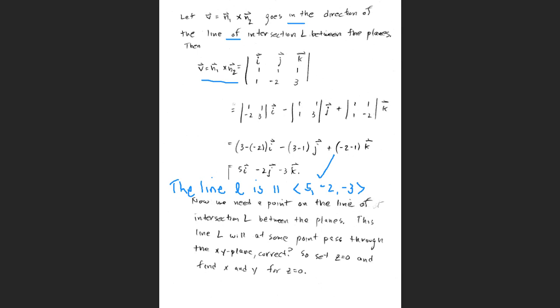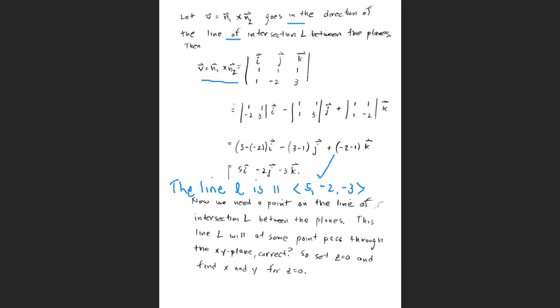Now all that's left is to find a point on the line of intersection. I used the same thinking I used in the previous problem: I need to find just one point on the line of intersection.